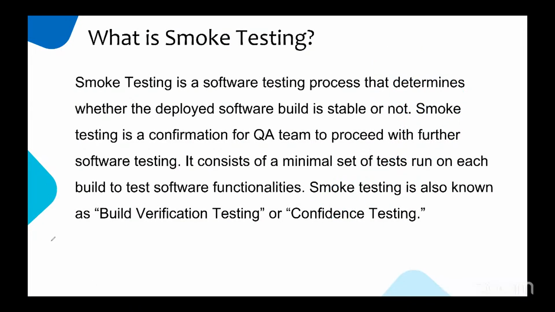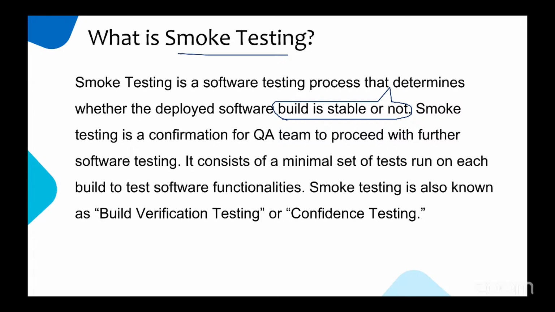Now we will walk through it. Some of the keywords which I'm going to tell, please note them down. What is smoke testing? It's a software testing process that determines whether the software build is stable or not. That is smoke.